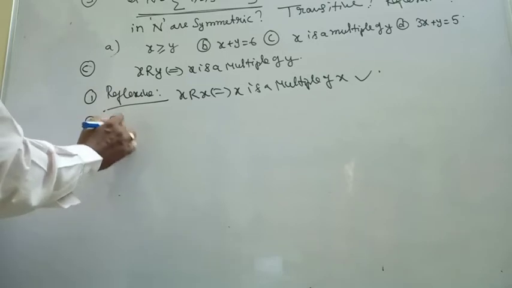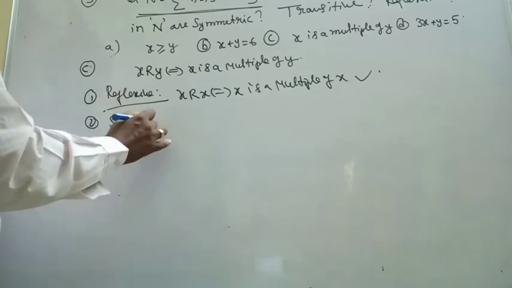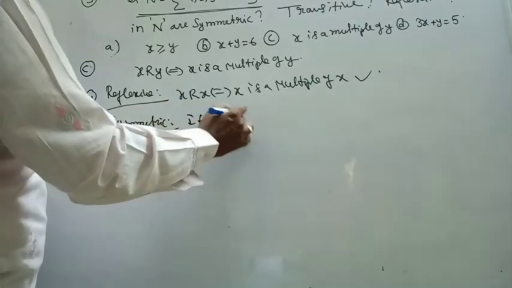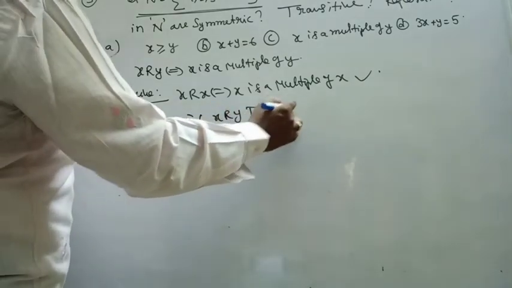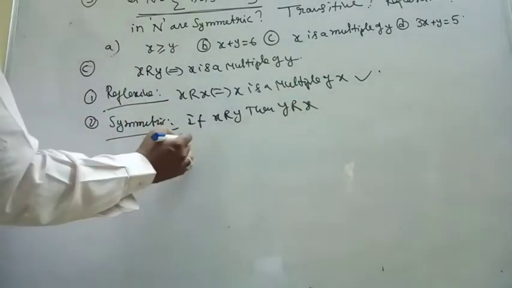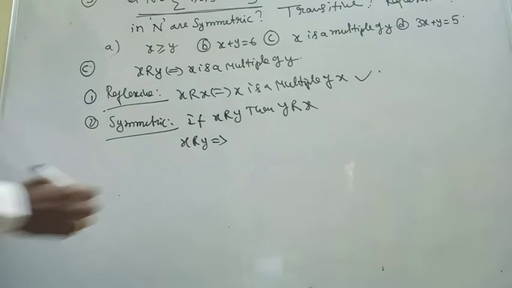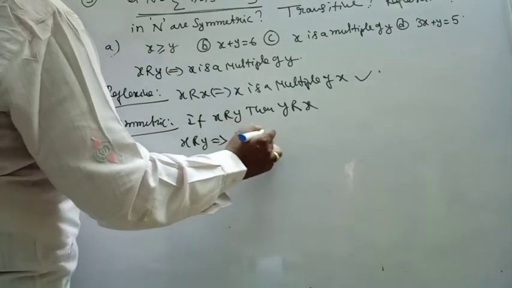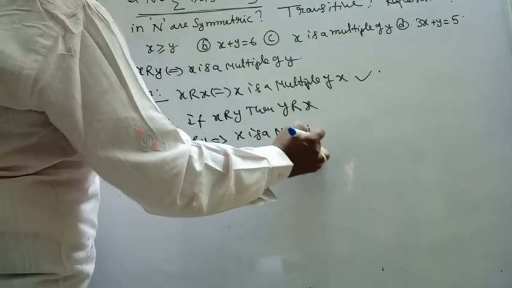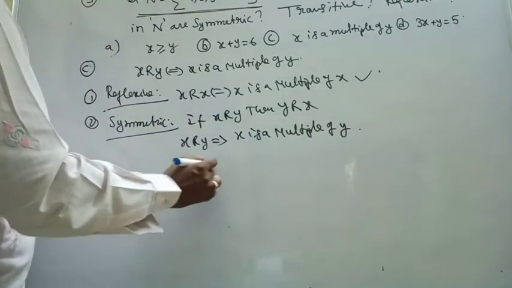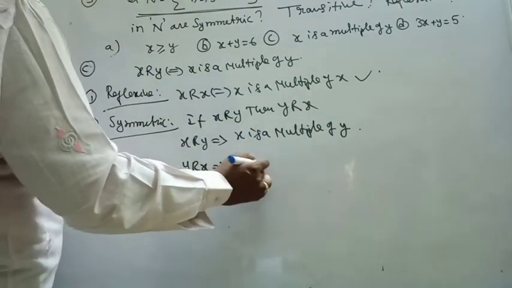Number 2, symmetric. Let us see whether symmetric will be satisfied or not. Symmetric means if x is related to y, then we should prove that y is related to x. X related to y means x is a multiple of y. If x is a multiple of y, can you say that y is a multiple of x?